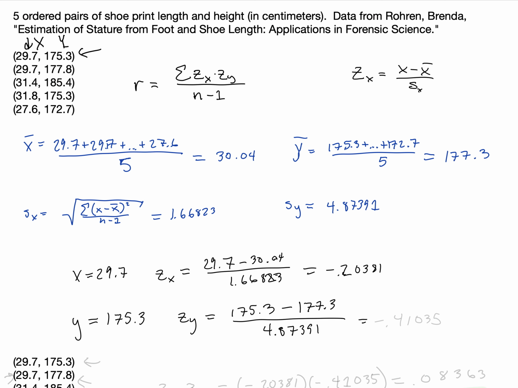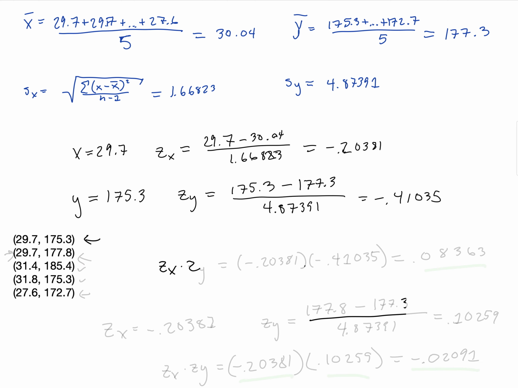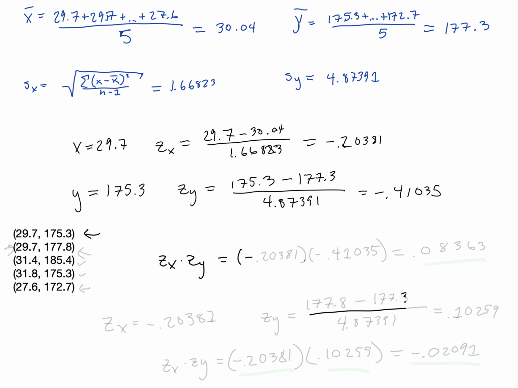And when you calculate that out, you'll get negative 0.41035. So for our first pair of data values, z sub x times z sub y is negative 0.20381 times negative 0.41035. And that gives us a value of 0.08363. So that's our first pair of points.